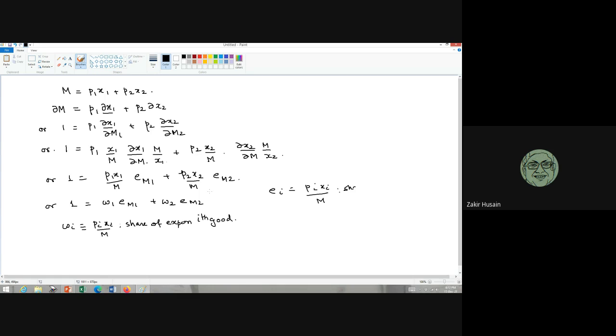So now you have got a very simple formula for two commodities. You can obviously extend this to n commodities also, 3 commodities, 4 commodities, whatever. So in the general form, you can write this in this way.